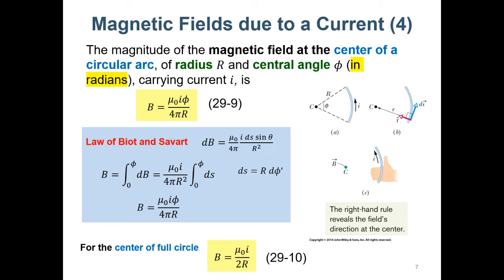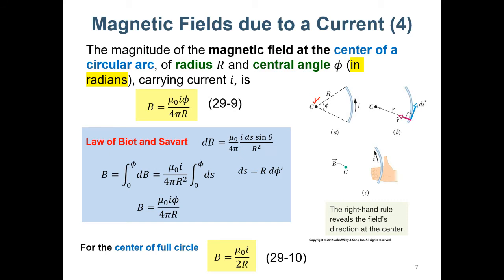And using the Biot-Savart law, it will be easy to derive, because actually all points from this wire generate the field at point C uniformly and in the same direction. Because you can always consider ds is the tangent line of this wire, and r will point to the center, so they are always perpendicular to each other, and sine theta will be 1, so we can ignore it.